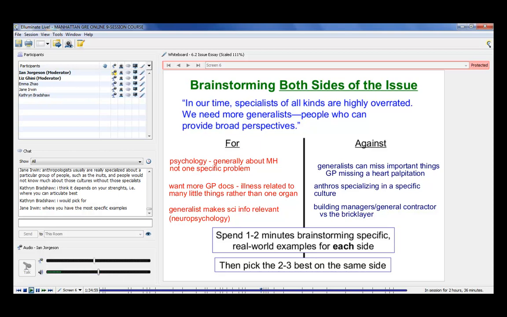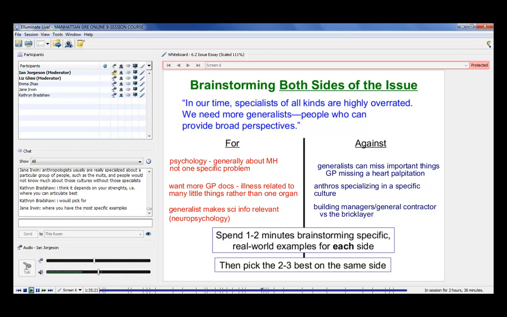What matters is which side you have the best, most specific examples. And I'll tell you, in my experience, it's easier to write an essay on the side you in real life disagree with. Not always, but oftentimes, because when you agree with something, you internalize it and you expect that everyone else agrees with you.